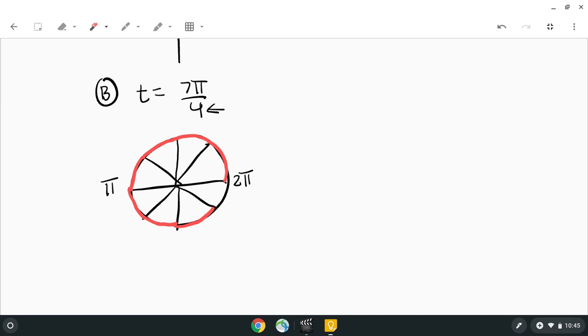Okay, so my terminal point is right there. I see that my reference value is 1/4.